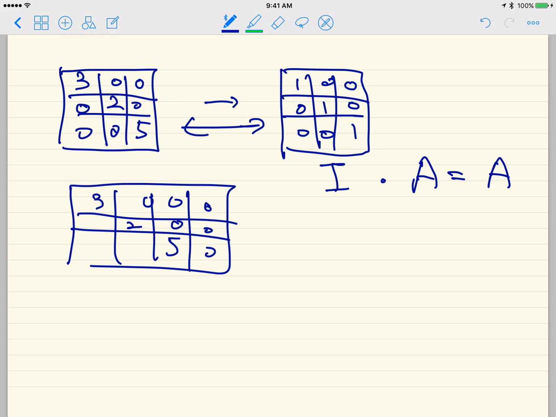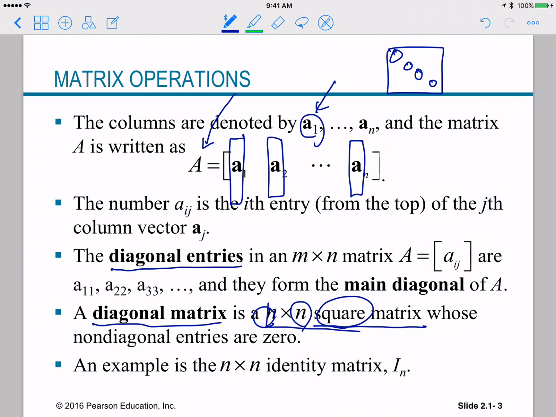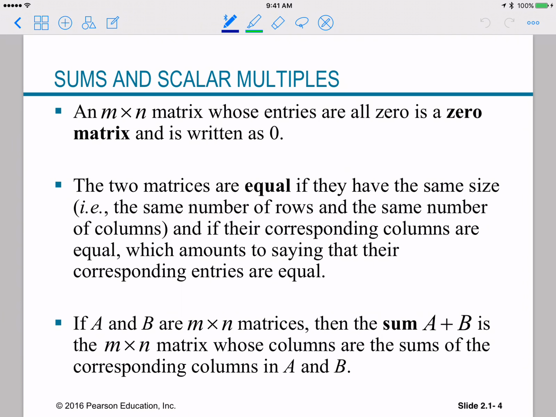Is this a diagonal matrix or not? No, right? Because we are considering square matrices. If the matrix is not square, then we cannot even say whether it's a diagonal matrix or not.